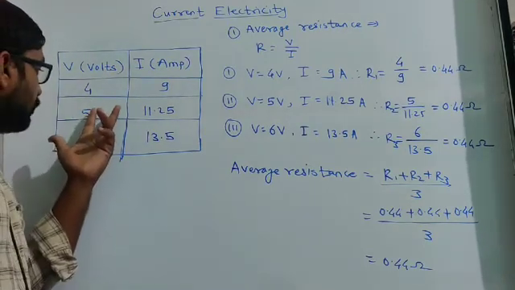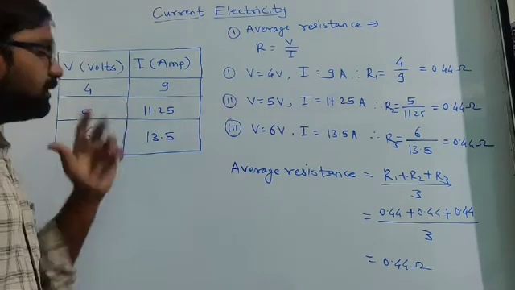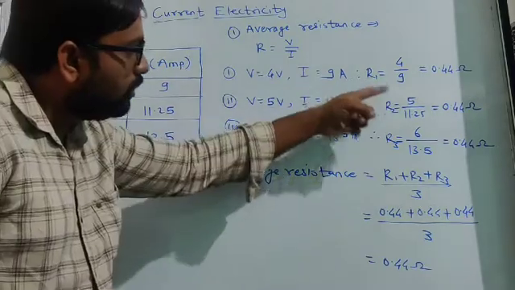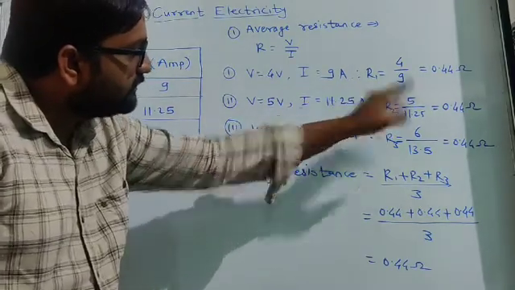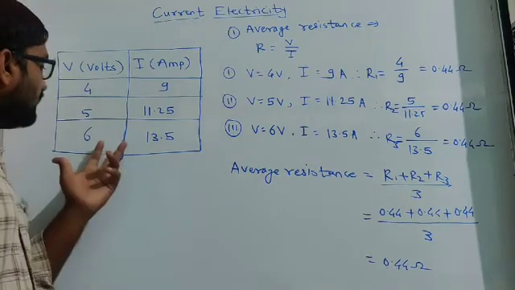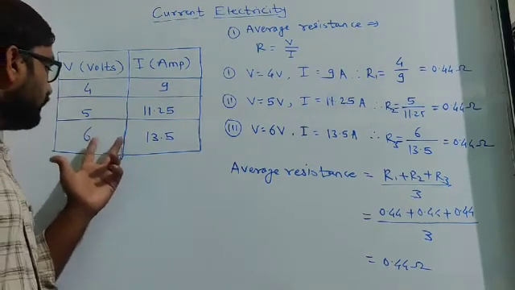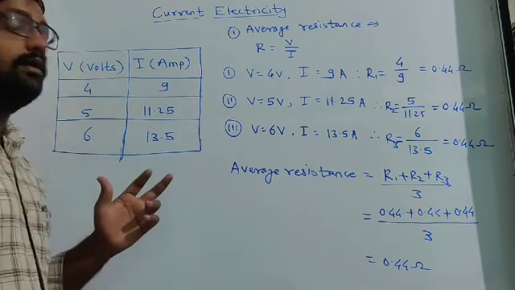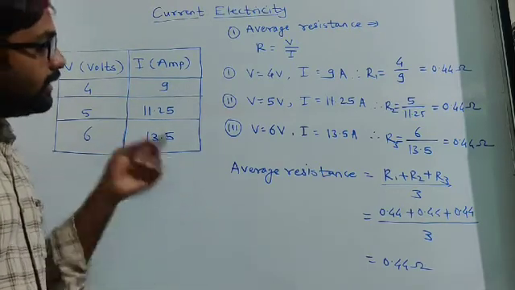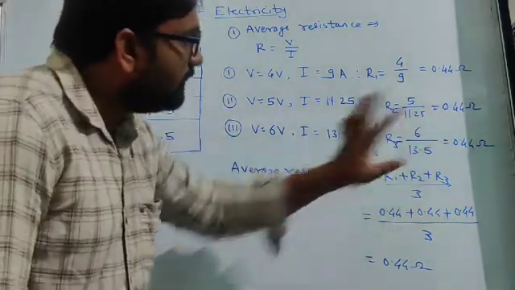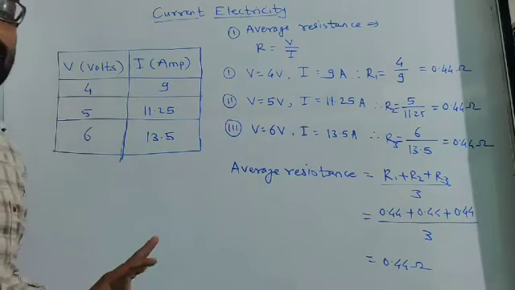Second, voltage is 5 volt and current is 11.25 ampere; voltage divided by current, the resistor, is again 0.44 ohm. And third, when voltage is 6 volt and current is 13.5 ampere, voltage divided by current is again 0.44 ohm.